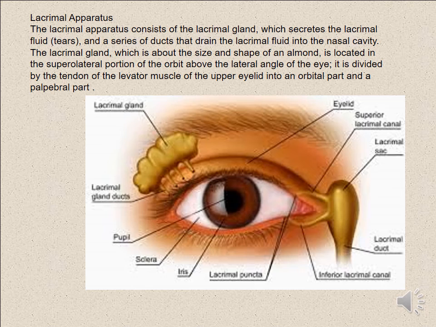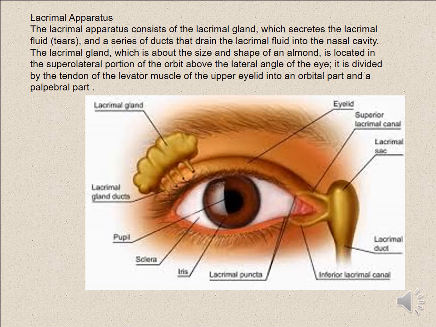The lacrimal gland, which is about the size and shape of an almond, is located in the superolateral portion of the orbit above the lateral angle of the eye. It is divided by the tendon of the levator muscle of the upper eyelid into an orbital part and a palpebral part.